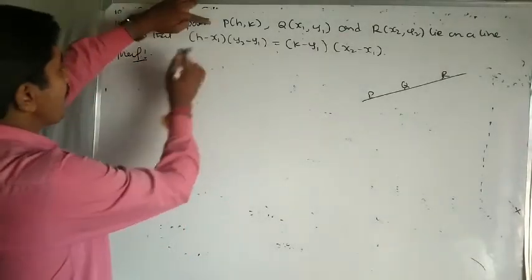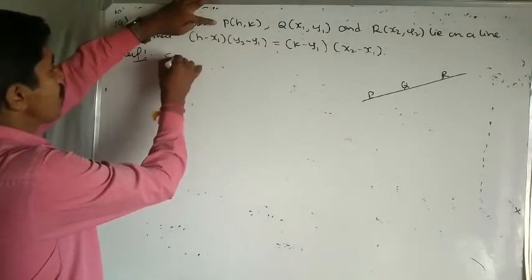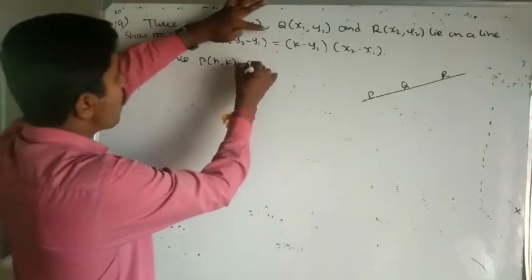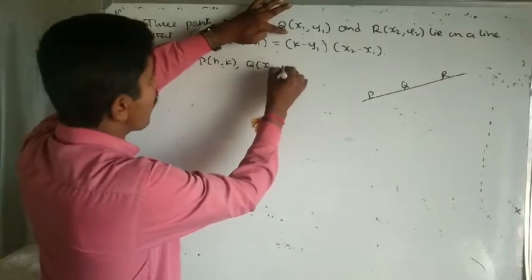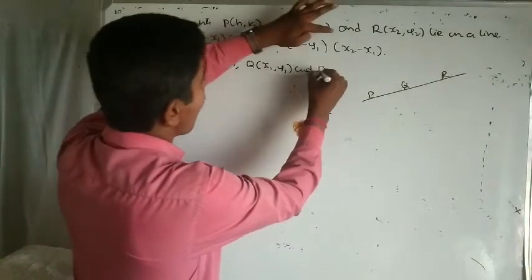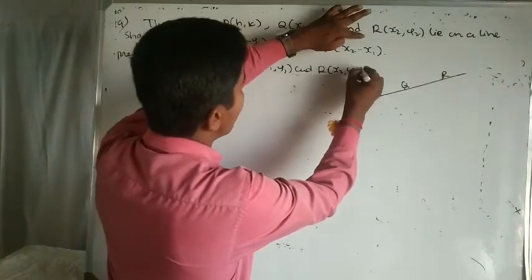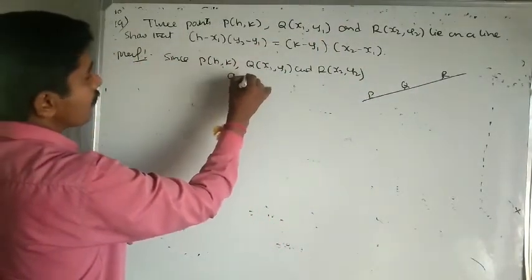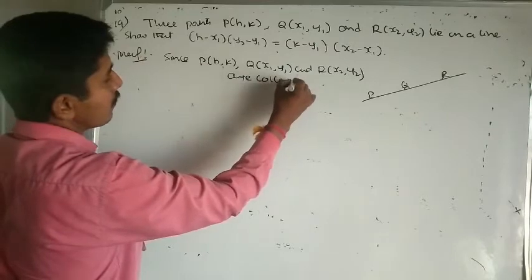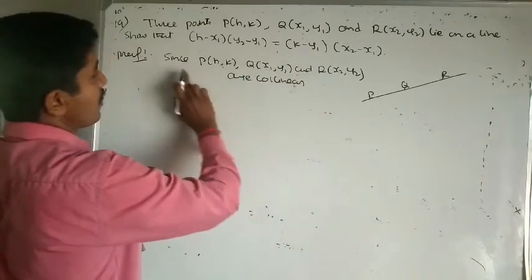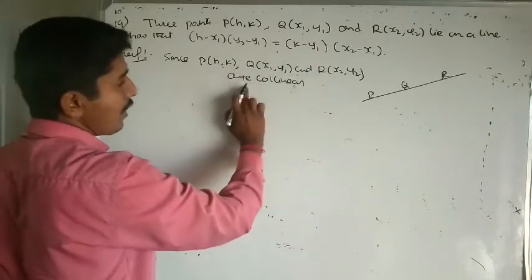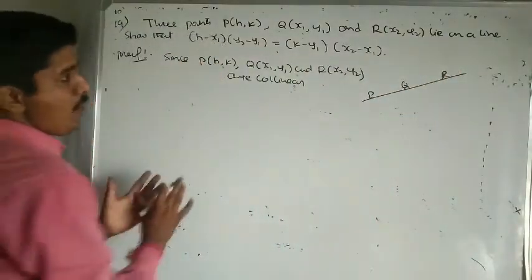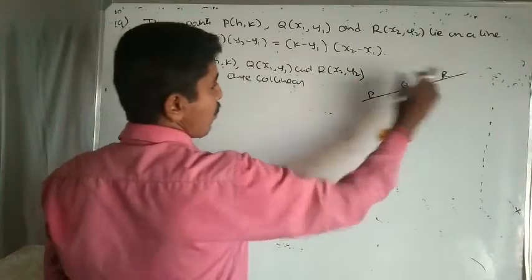Given that P of (h, k), Q of (x1, y1) and R of (x2, y2) are on the same line, means they are collinear. Since P, Q, R are collinear because the 3 points lie on the same line, then clearly slope of PQ equals slope of QR.